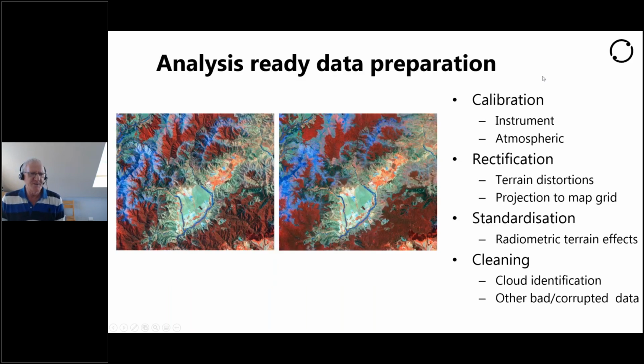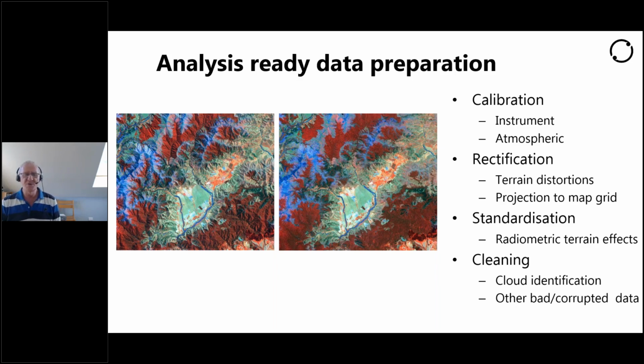I want to finish off really talking about data preparation and processing. There's a lot of things that we can do to data, I would say pre-processing steps, before you get into any particular application processing. And this is things like calibration, the instrument, atmosphere where required.